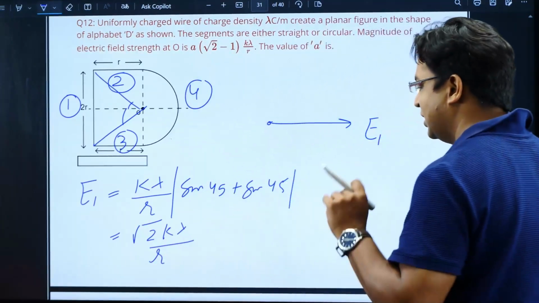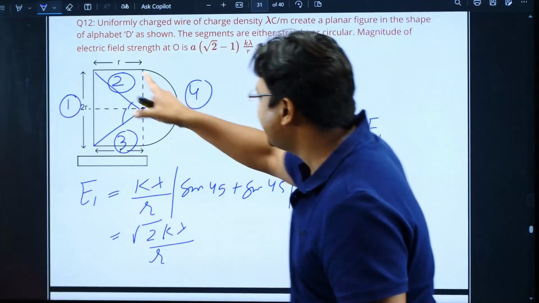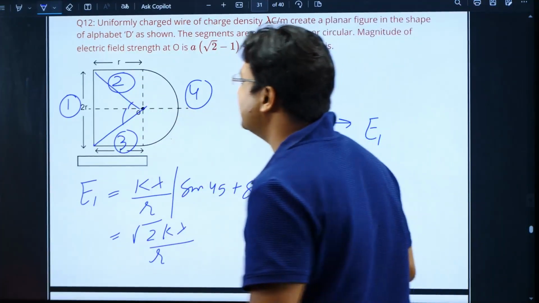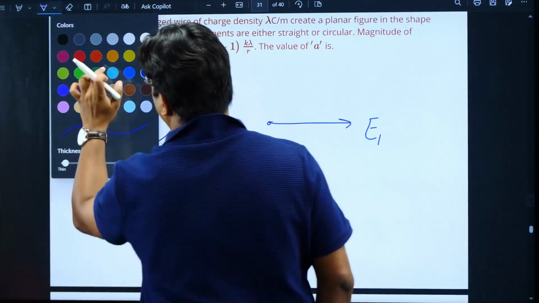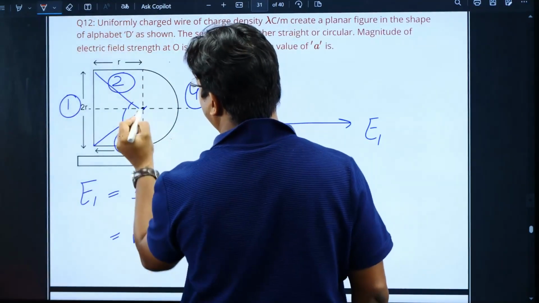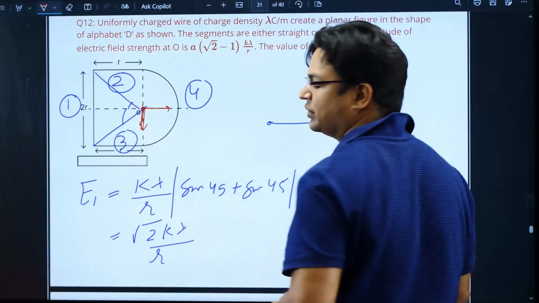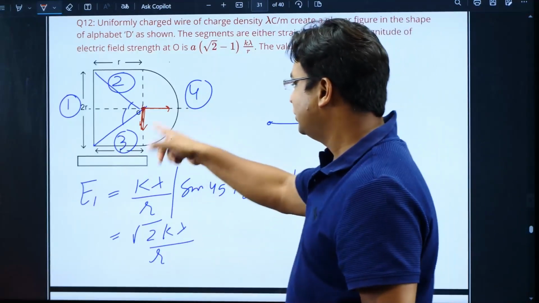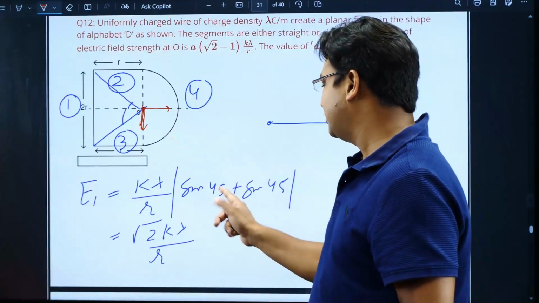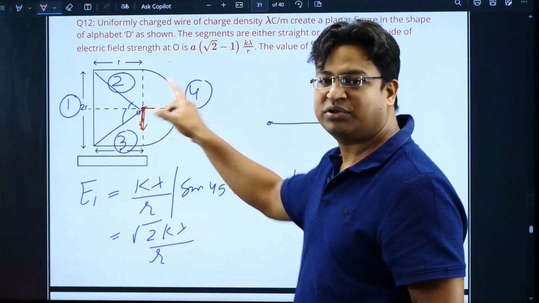This is E1. Now as far as the second segment is concerned, the second segment will produce two components of electric field. One component will be parallel to this rod and the other will be perpendicular. To calculate the parallel and the perpendicular, one of the angles will become 0, the other 45.